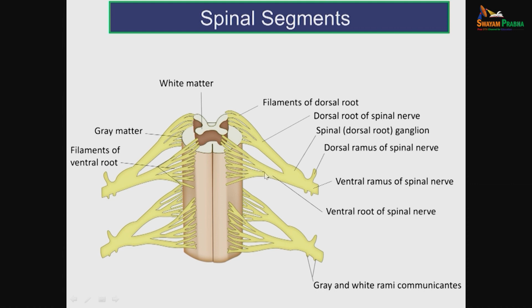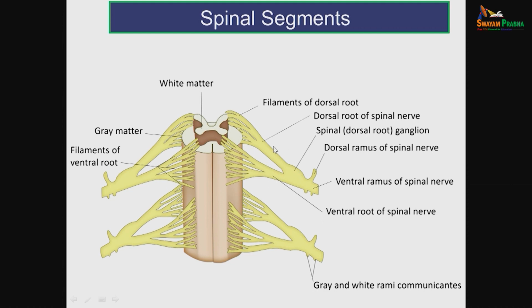Each spinal nerve, this is a pair which is shown, a typical spinal nerve, is attached to the cord. This is the spinal cord. You can see the inner grey matter and outer white matter. It is attached to the cord by 2 roots, a ventral root and a dorsal root. The dorsal root presents a ganglion which is called the dorsal root ganglion.